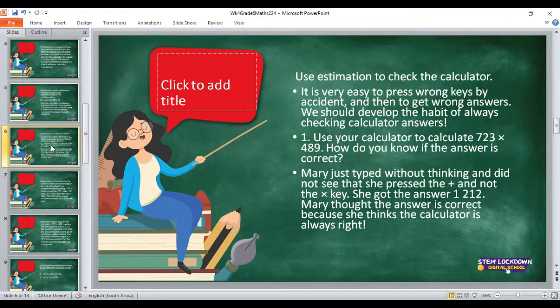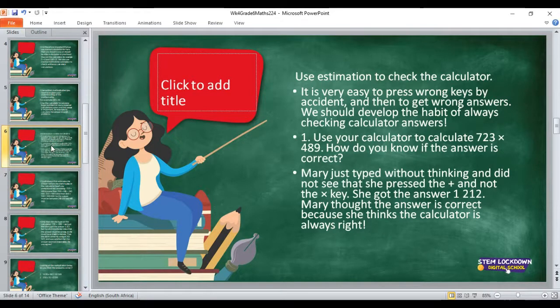We check because we do make mistakes of pressing the wrong keys by accident, and in our minds we think we have done all the correct steps, so this must be the answer.